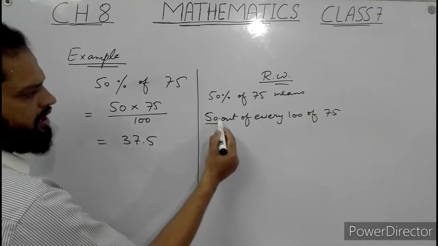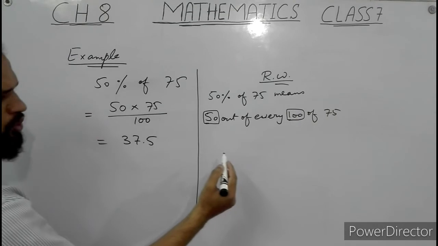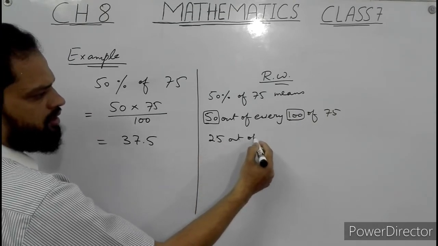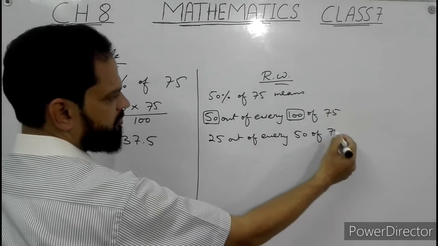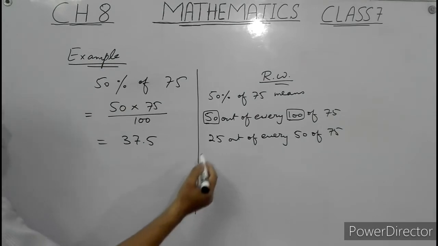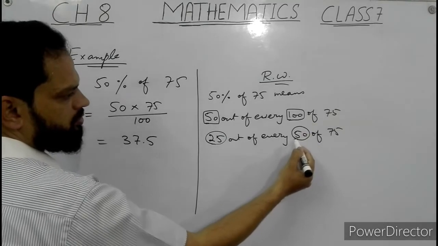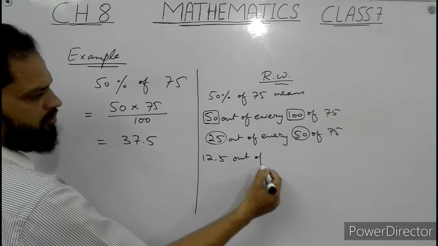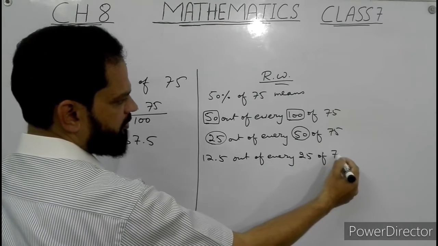So I will divide 50 and 100 by 2 to get 25 out of every 50 of 75. Again I will divide these two terms by 2 to get 12.5 out of every 25 of 75.